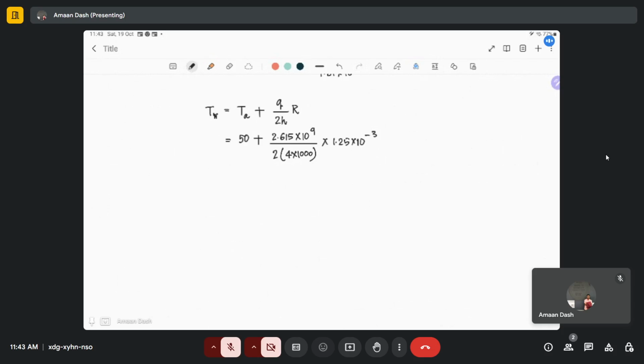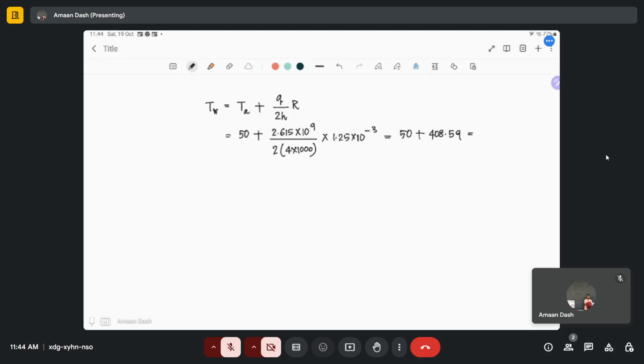So if you do that, you will be getting 50 plus 408.59. So this is roughly equal to 458.59 degree Celsius.